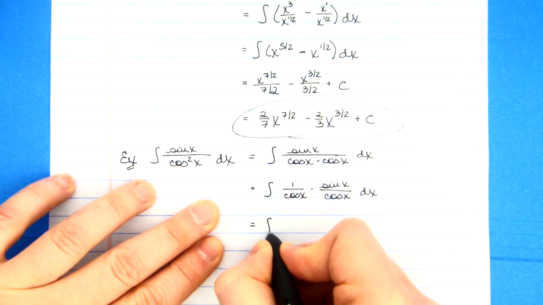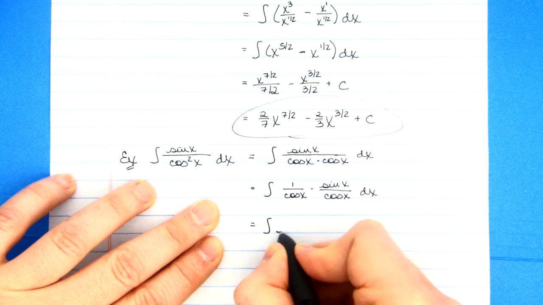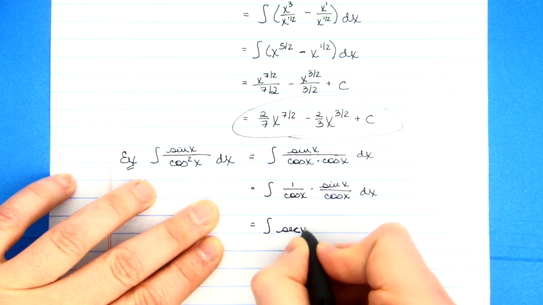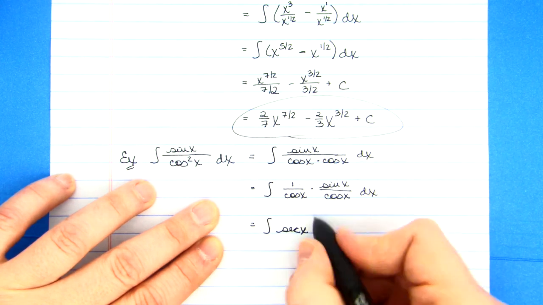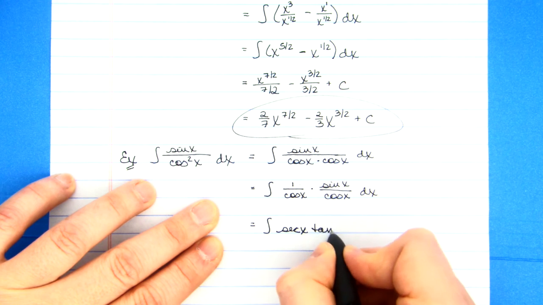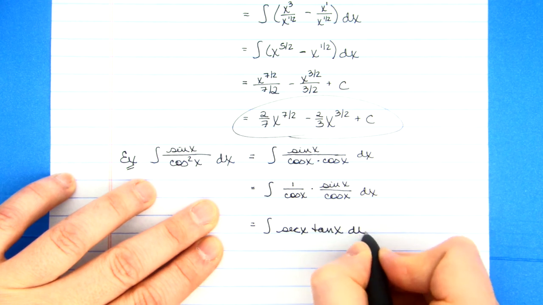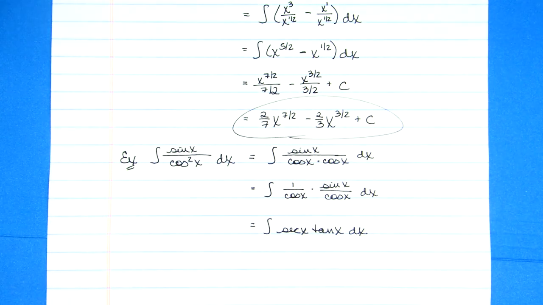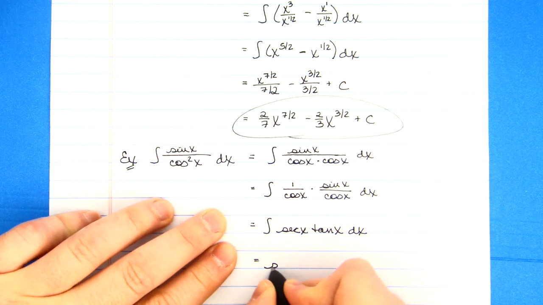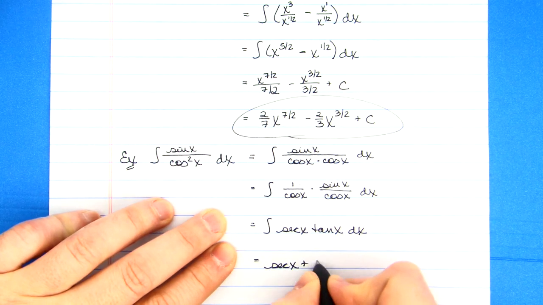Well, this is kind of fancy. 1 over the cosine of x, that's the secant of x. Sine x over cosine x, that's the tangent of x. This problem is really asking you to integrate the secant of x times the tangent of x. And what is the integral of the secant of x times the tangent of x? That's just secant x plus c.